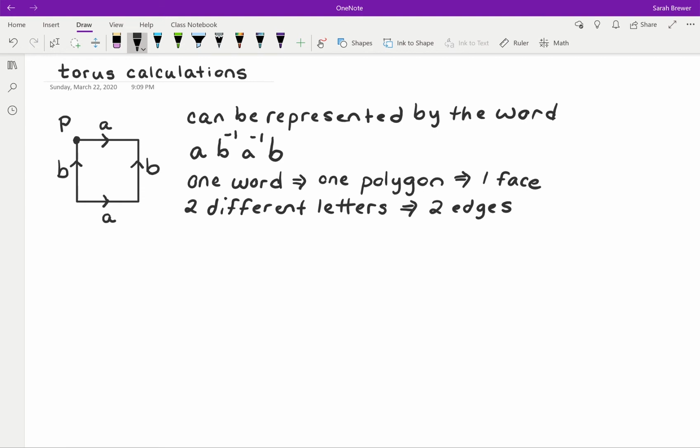So I notice that this top A edge points away from point P. So I go down and find any other vertices where an edge A points away from, and I label that P. Then I notice that edge B on the left both starts and ends at point P, and so that means that both of my remaining vertices, which is where an edge B starts and ends, both have to be labeled P. So because all of my vertices of my polygon have the same label, that means I only have one vertex.